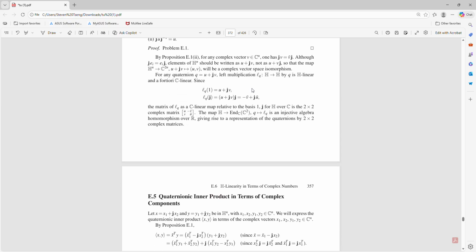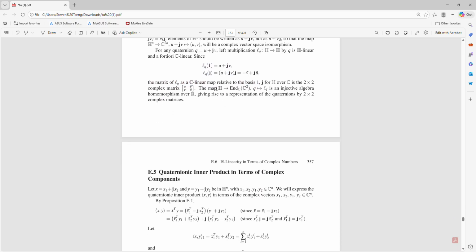And we can make some observation that if we multiply some quaternion on the left, we get that these two equations hold, and by the scalar from linear algebra we get that the matrix L_Q can be represented by this matrix.